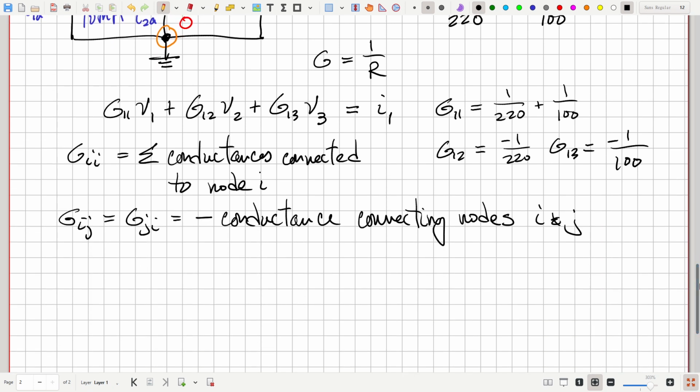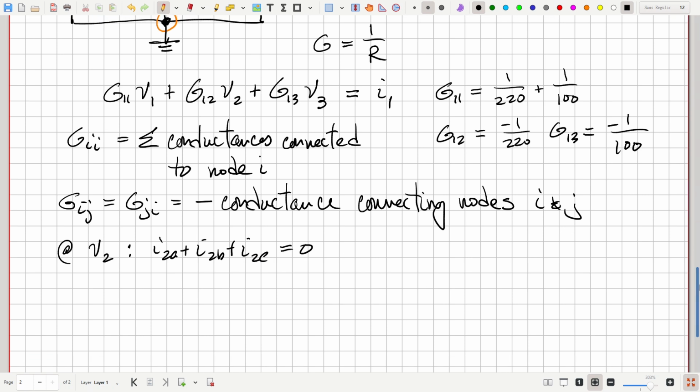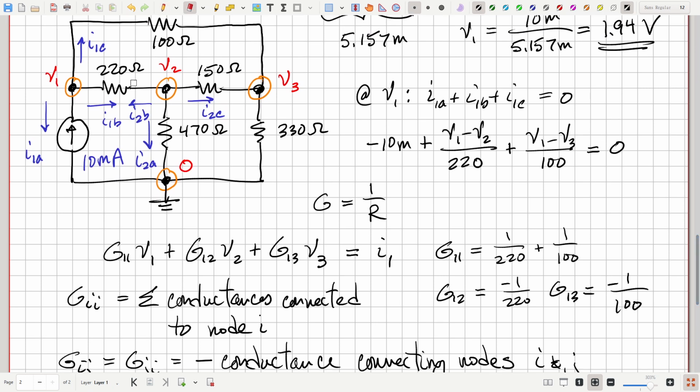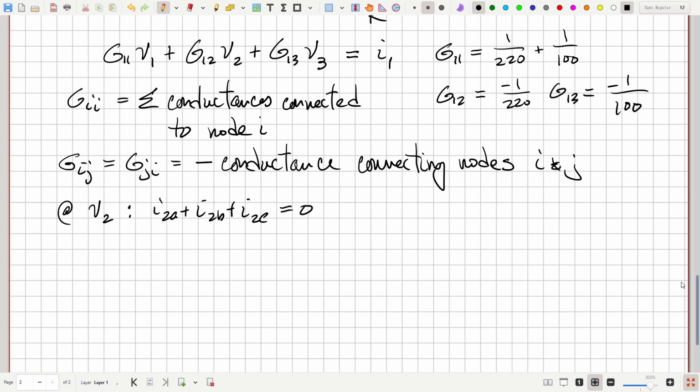So then we would get at the node with voltage V2, I2A plus I2B plus I2C is equal to 0. That's KCL. Now we need to put in what those values are. And let's see. So I2A, that's the current flowing through a resistor 470 ohms from voltage V2 to 0. So that would be V2 over 470.